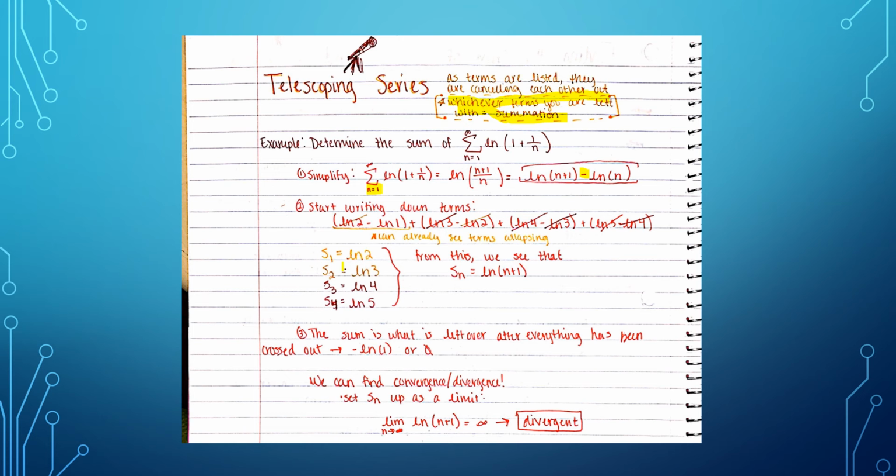So now we need to list the partial sums of each term. S1 is equal to ln 2 because negative ln 1 is just 0, so we are left with ln 2.